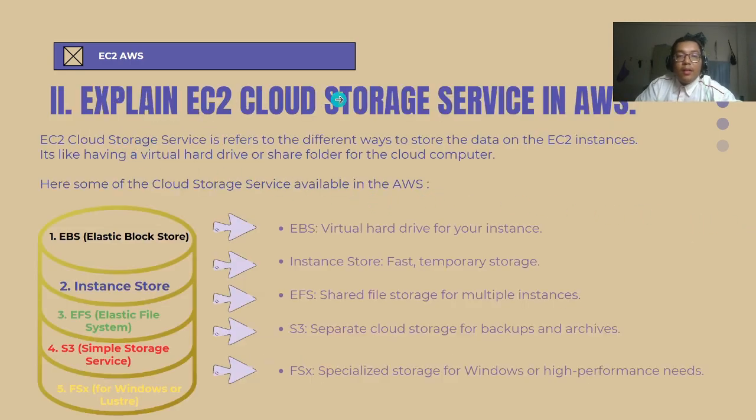Okay, second, explain the EC2 cloud storage services in AWS. EC2 cloud storage service refers to the different ways to store data on the EC2 instance. It's like having a virtual hard drive or shared folder for the cloud computer. Here are some cloud storage services in AWS. It's just like I explained before.